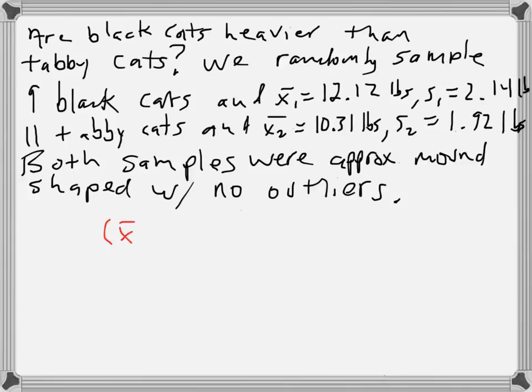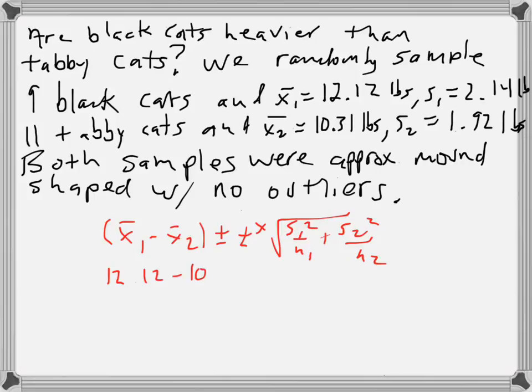So we have x bar 1 minus x bar 2 plus or minus t star times the square root of s sub 1 squared over n1 plus s sub 2 squared over n2. So our first mean was 12.12 minus 10.31 plus or minus t star, which I'm going to the back of the book to get right now.